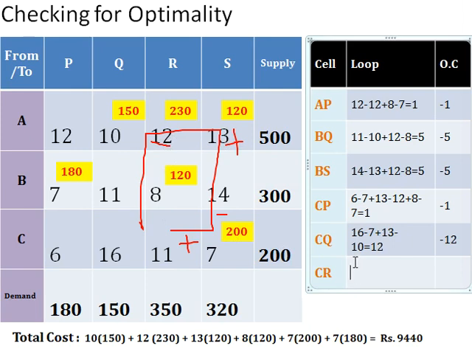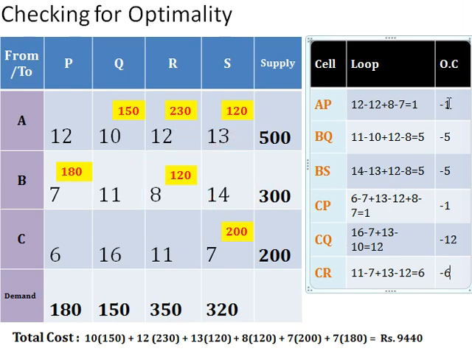So putting in calculation, 11 minus 7 plus 13 minus 12. So that will be equal to 6, and opportunity cost we have is minus 6.